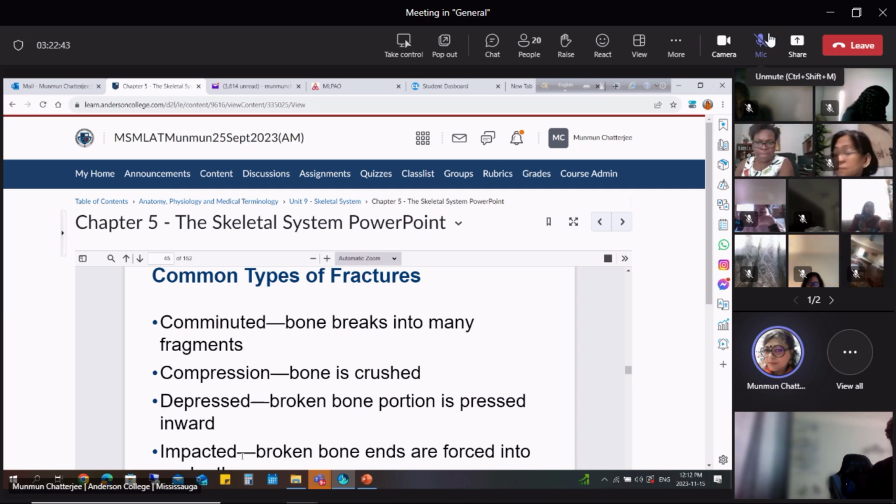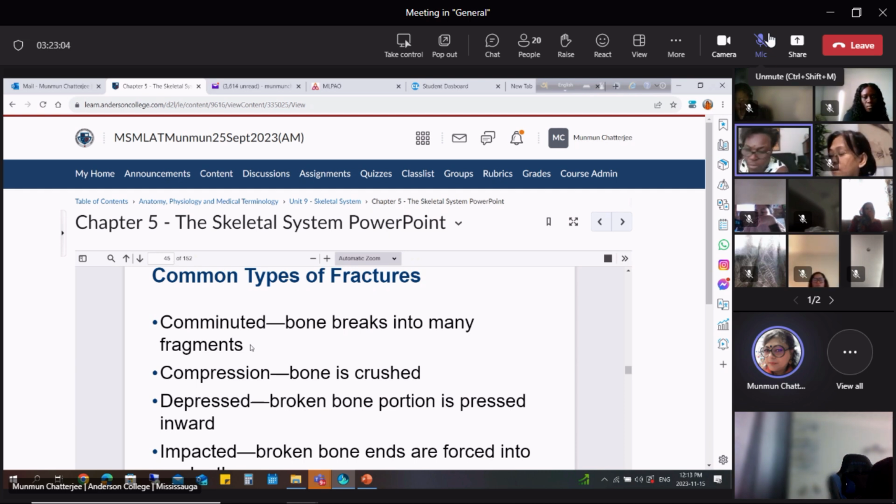This one and impacted. Comminuted: bone breaks into many fragments, more than one, more than two. Sometimes it comes as a question, bone breaks into many fragments, into more than two pieces, into more than four pieces.